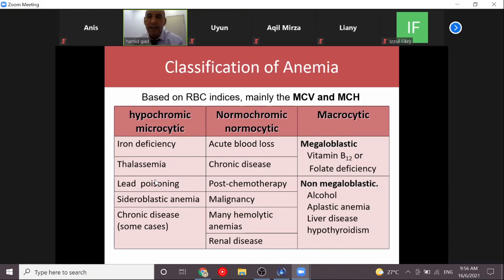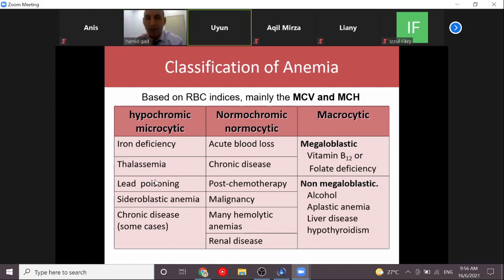Once you say this patient has anemia, it means the hemoglobin is lower than normal. This is step number one. Step number two, check MCV. If MCV is normal, we call it normocytic anemia. If MCH is normal, it is normochromic, normocytic anemia. The anemia is still there, understand?